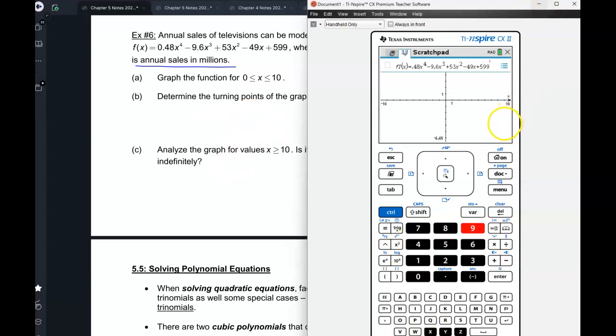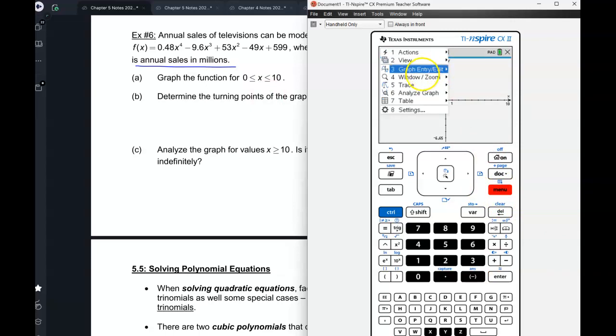Okay, let's graph this. Now, it says to graph it for x between 0 and 10. So I don't see anything, and I don't expect to either, right? Because this is sales, and it's not going to be less than 6, even if it's in millions.